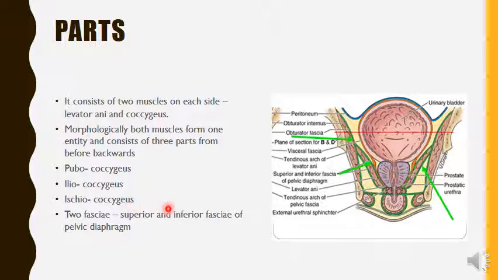And two fasciae. This is the levator ani muscle, and the green line you are seeing above and below the levator ani are the superior and inferior fascia of the pelvic diaphragm. So these are the parts. We are going to discuss them in detail in the next slides.